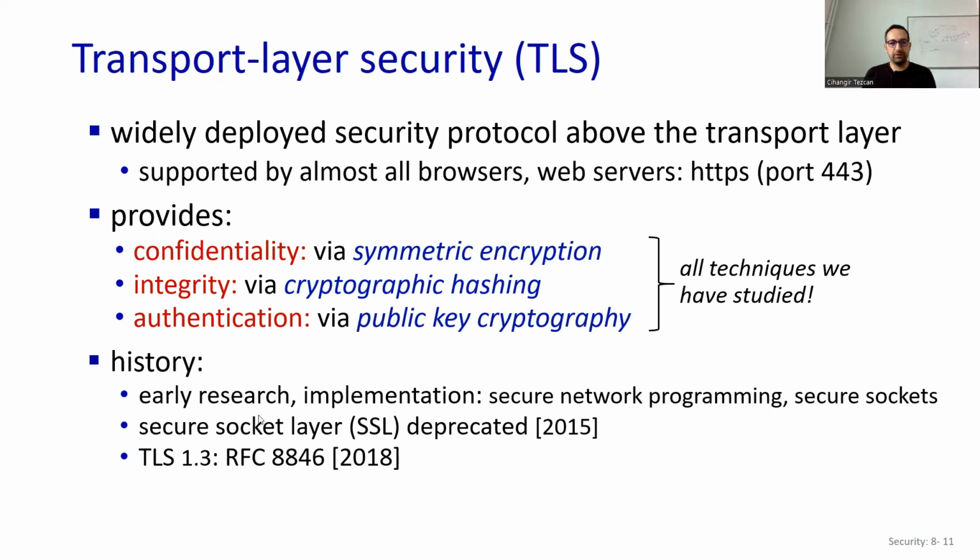So the history is as follows: early research implementation, secure network programming, secure sockets, secure socket layer SSL, deprecated in 2015. Now we have TLS 1.3 since 2018. When we have this kind of update, we are eliminating broken cryptographic algorithms. Nowadays, I think around 70% of the whole internet uses TLS 1.3.